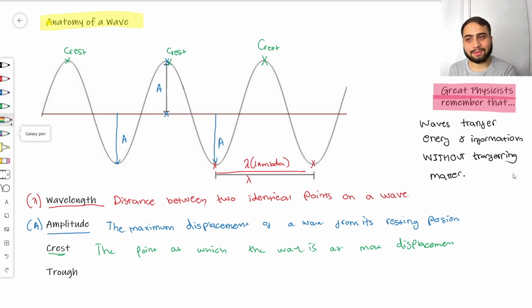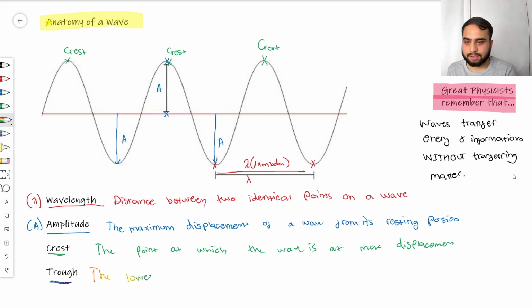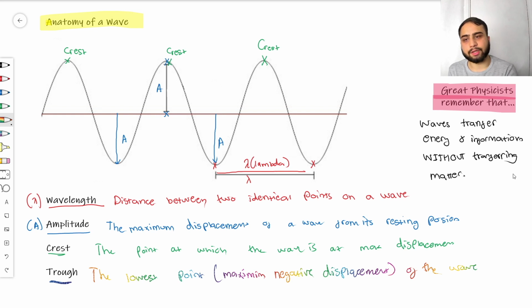That is where the last one comes in, the trough. The lowest point of the wave, or you could say maximum negative displacement of the wave, which we know is over here.